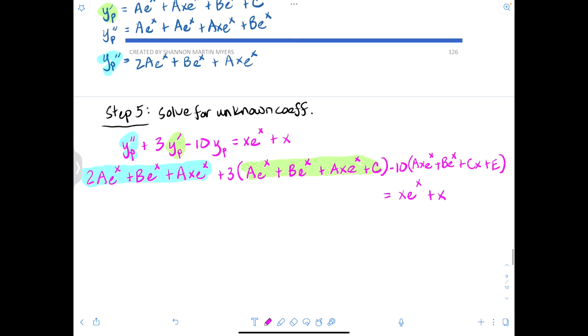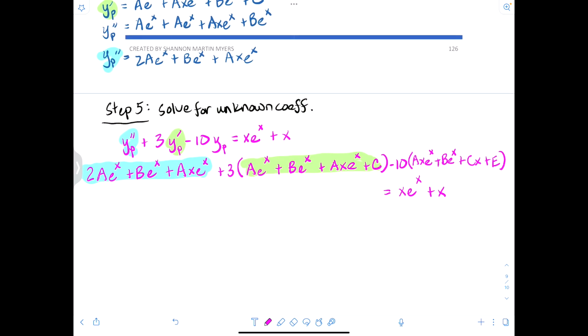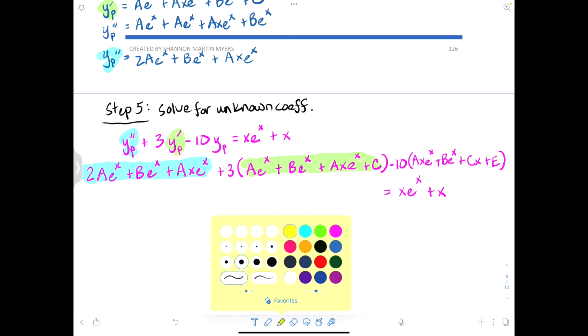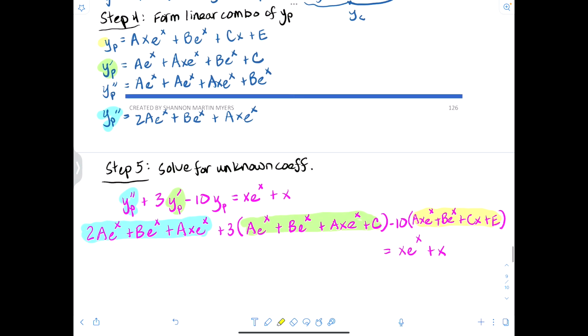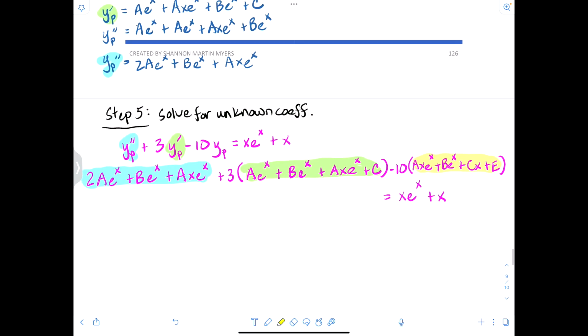So now we're going to continue to work through these, and that of course we found just from here. So now here we go.